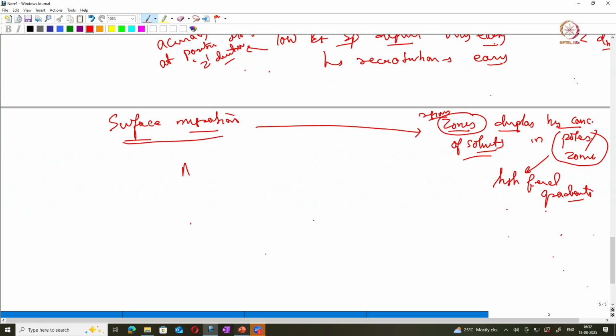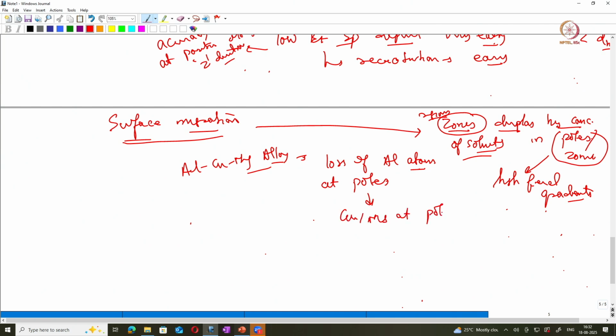For example, in an aluminum copper magnesium alloy, it can happen that there will preferentially be a loss of aluminum atoms at the region of poles, which leads to a higher concentration of copper and magnesium at the poles. Okay, and the loss of aluminum atoms is related to your trajectory aberrations.